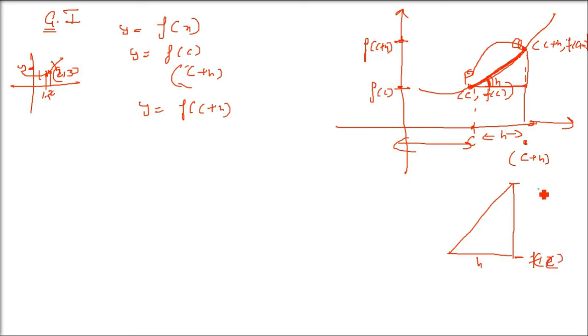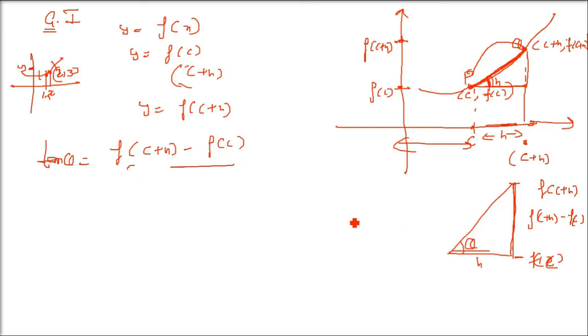So f of c plus h minus fc is the y distance. And what is the x distance? It's h. So we have to find theta. What is tan theta? Tan theta is perpendicular by base, that is f of c plus h minus fc divided by h. This is tan theta. Now I am not asking about 2 points. I am saying just p and q should be together.